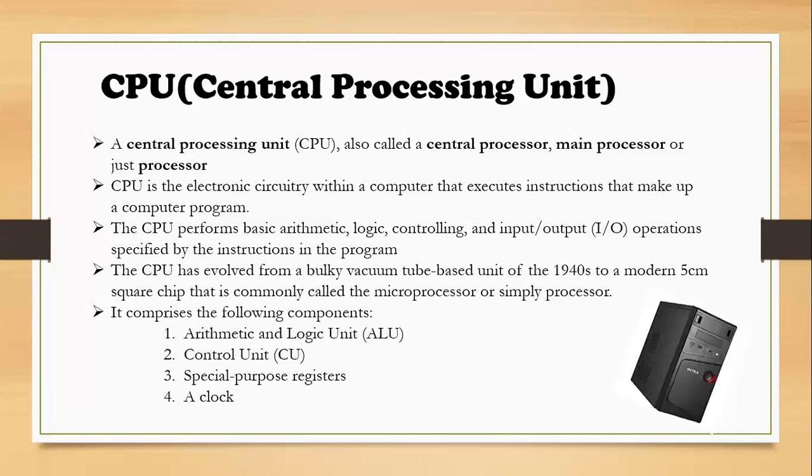Intermediate results can be stored temporarily within the general purpose registers. Special purpose registers cannot be used for storing intermediate results. They have to be used for specific purposes. That's why they are called special purpose registers. Processor also includes a clock for timing purposes.